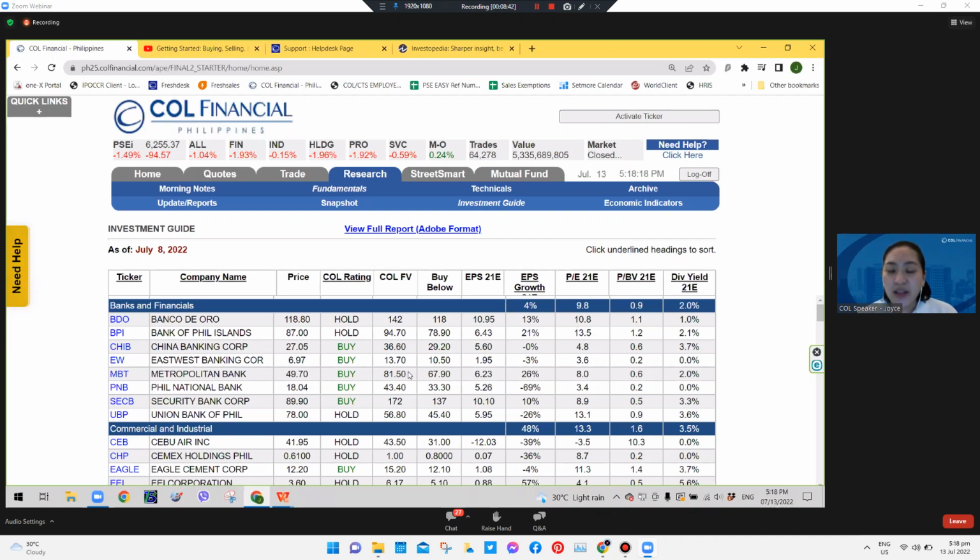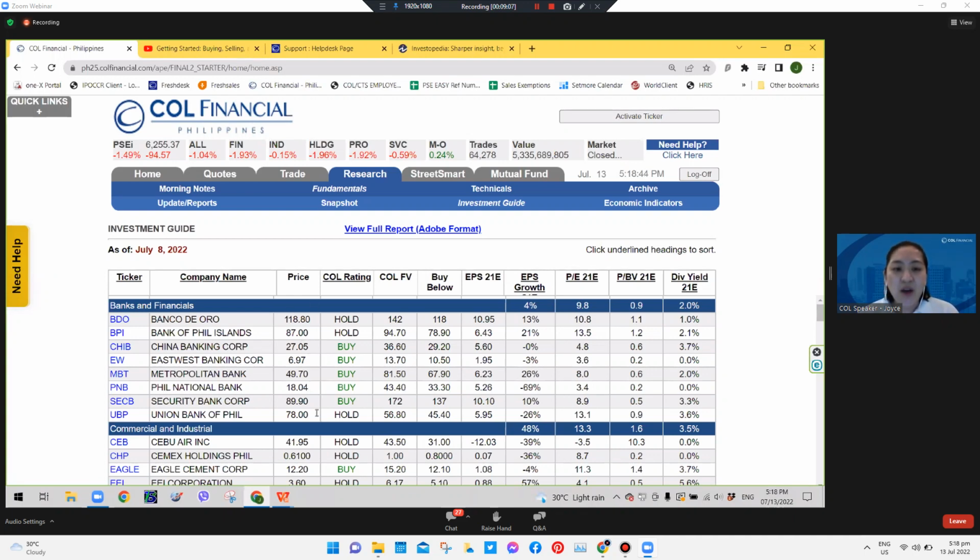But currently, the current price for this one, which is on the third column, is 49.70. So that is quite a bit of discount from what the fair value is. So that is a buy rating, which means this is actually quite cheap. Here we want to buy stocks that are cheap, but have good value as well.